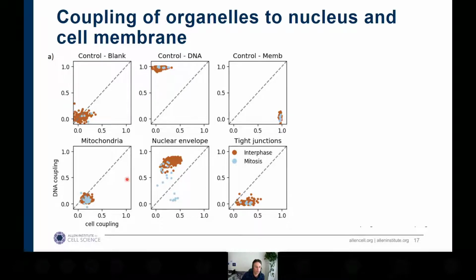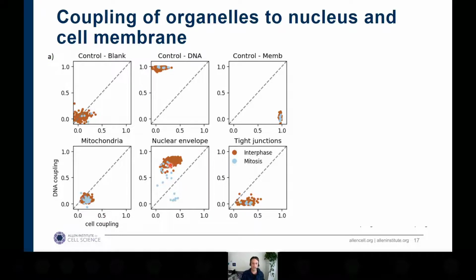Now, if we look at some actual organelles, we see that we have low coupling for the mitochondria for both the DNA and for the cell, which also is an indication that we are actually not doing a particularly good job of predicting the GFP intensity and by extension the shape and location of the mitochondria using these two channels.